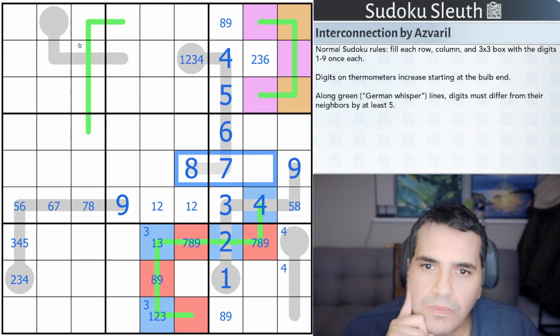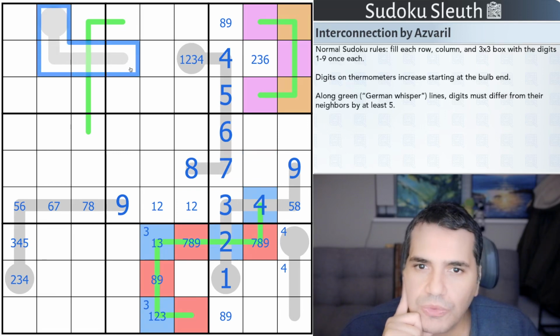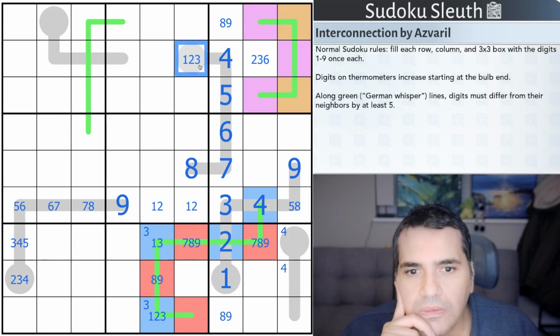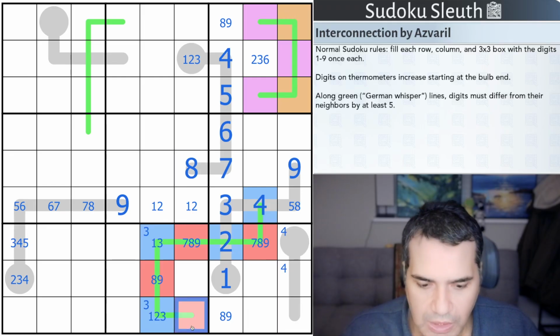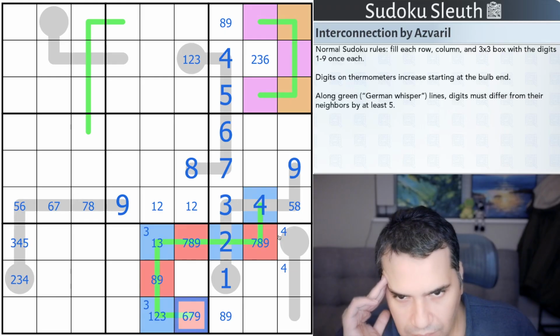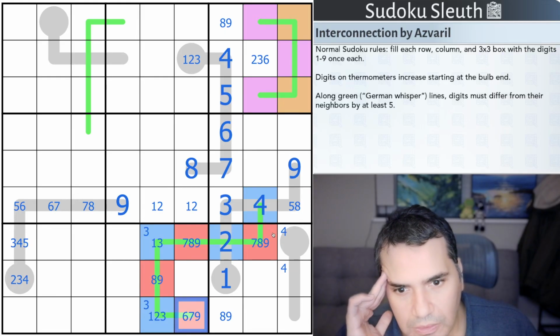Don't know. Here, maybe? Feels premature. There's so little information. Actually, that 4 removes a 4 from here. This is not 8, but it can be 6, 7, or 9. You guys might be spotting something that I'm not. 8, not 8.